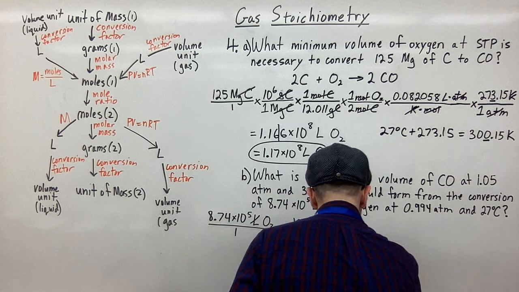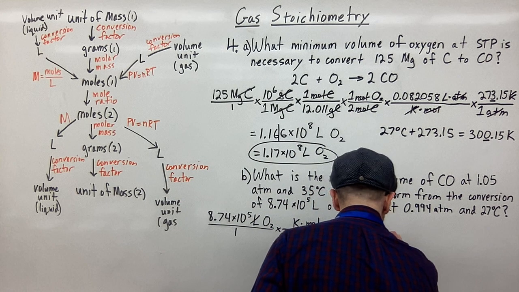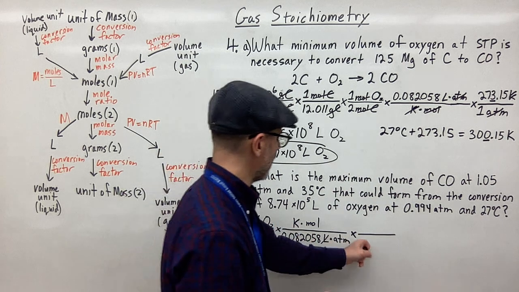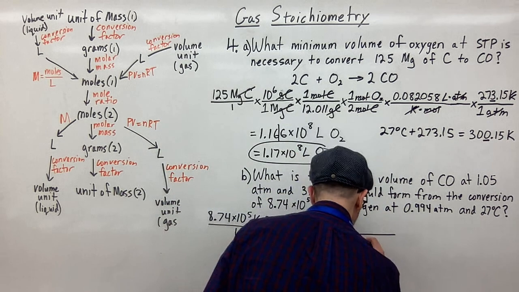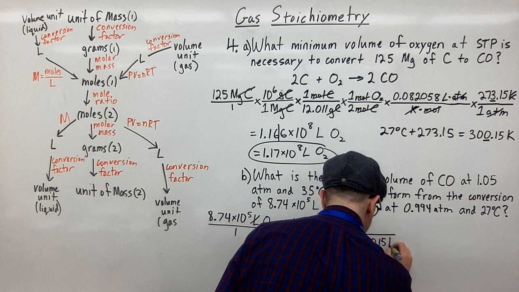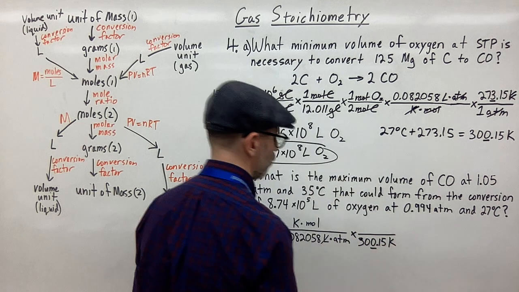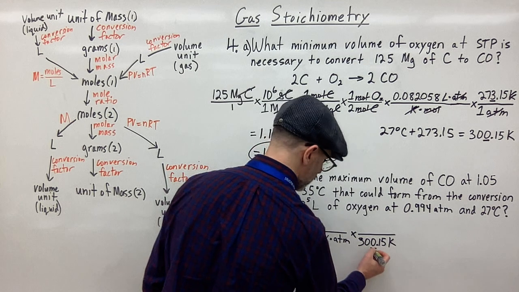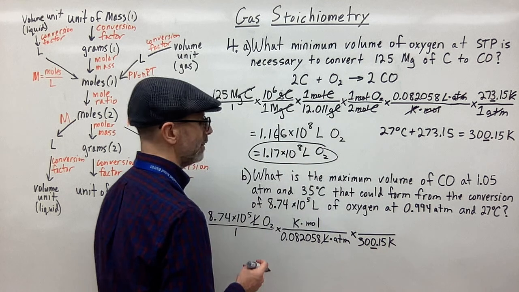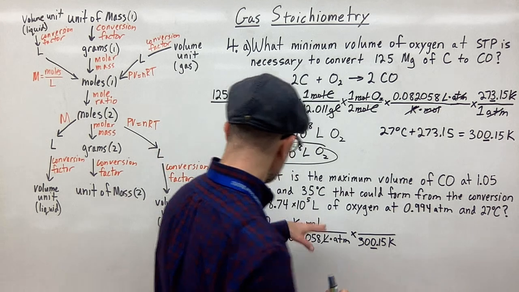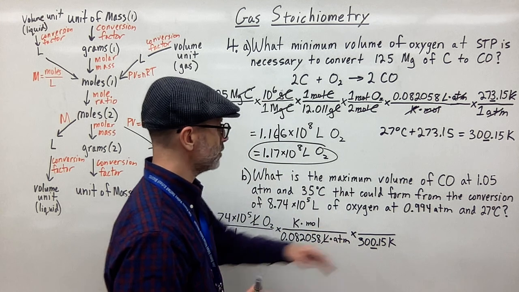Okay, so now that I have the temperature, I have Kelvin on the top, so I'm going to put Kelvin on the bottom. So the temperature 300.15 Kelvin. I'm going to put a line under the 0 to indicate that that is my last sig fig. And then next is atmospheres.